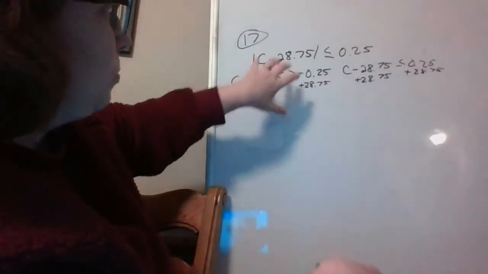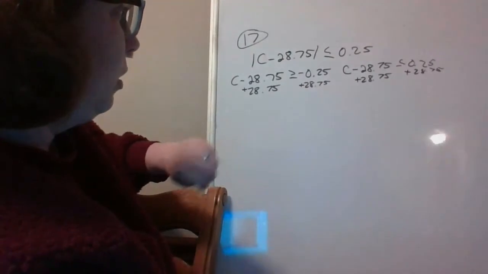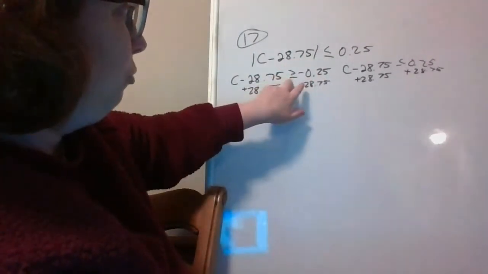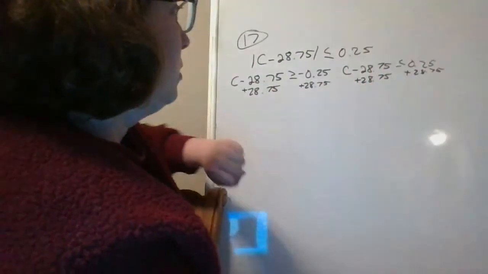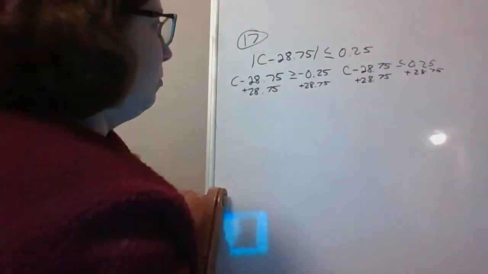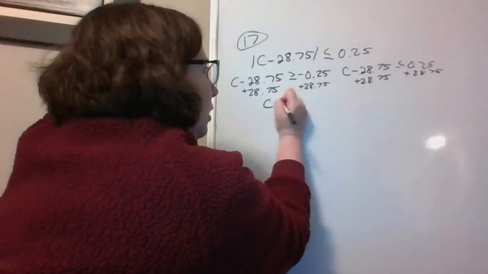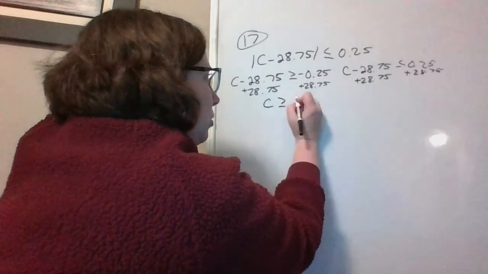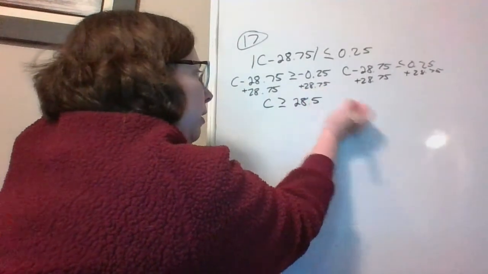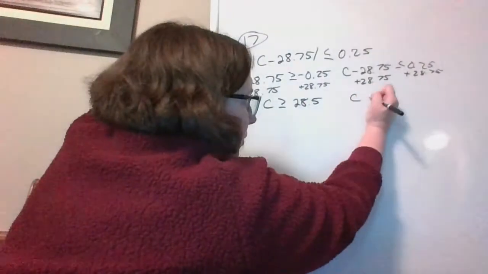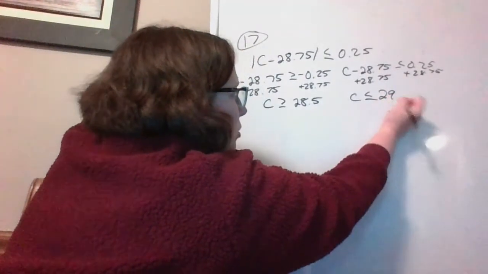So then you split this up because our absolute value is alone on one side of our inequality. Remember to flip your inequality for the negative. Just leave it the same for the positive version, and then I am adding 28 7/75 everywhere, and I get that C is greater than or equal to 28.5 inches and C is less than or equal to 29 inches.